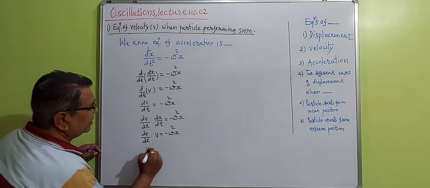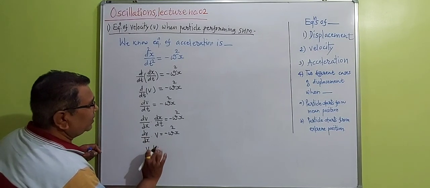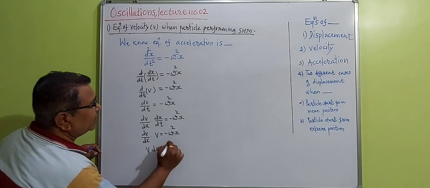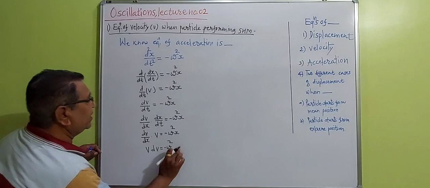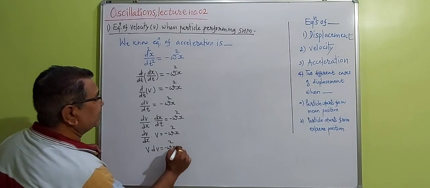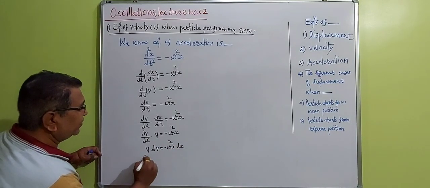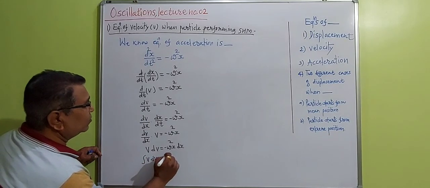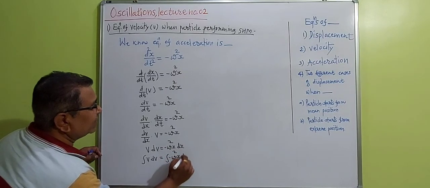This may be written as v dv is equal to minus omega square x into dx. So take integration of this, we will get the integration of v dv is equal to the integration of minus omega square x into dx.